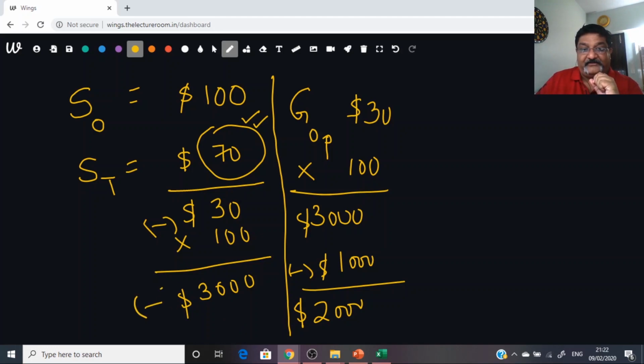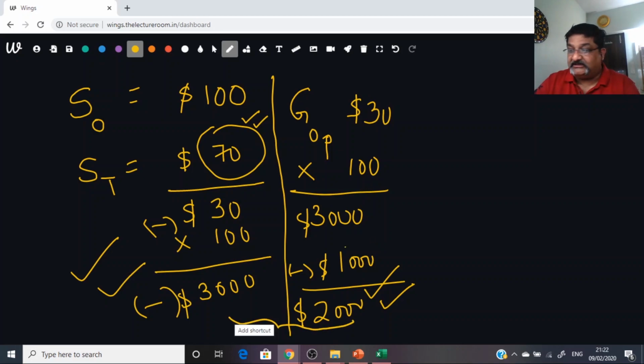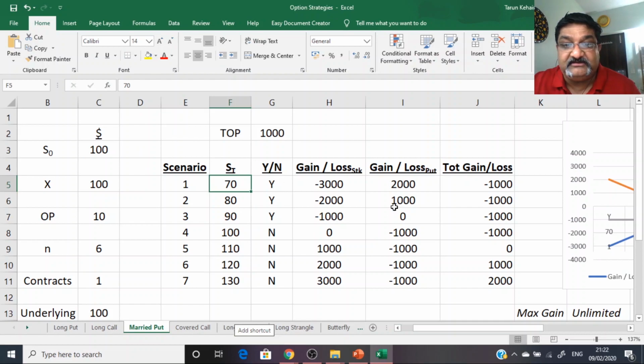So now look here, a loss of $3,000 on the underlying stock and a gain of $2,000 on the put option. So your total combined loss is $1,000, which is what you are looking at here. And that is why, friends, this is called a married put, because you have taken two separate positions. One, you have gone long on the stock, you are bullish about the market and about the stock in question.